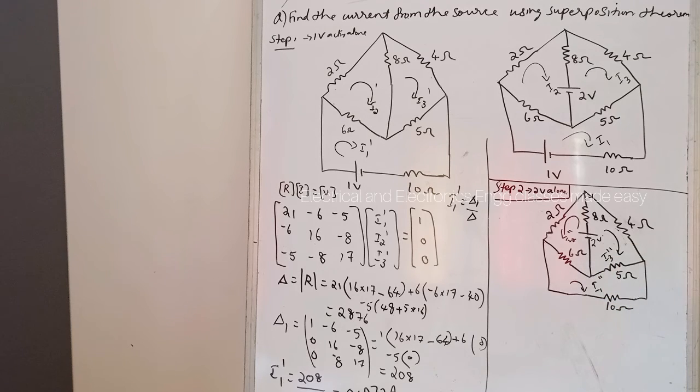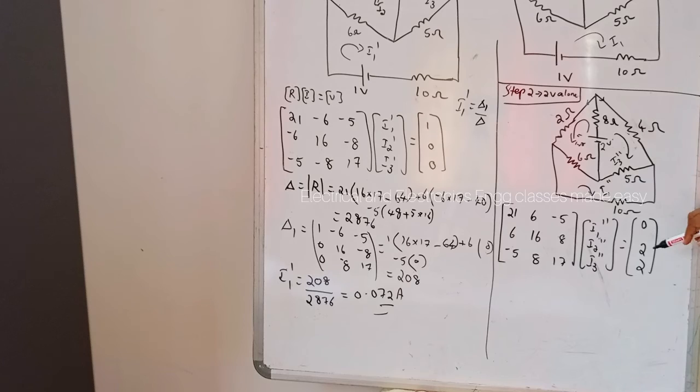Now by mesh analysis, by the inspection method, we can write the matrix. In matrix form, we will get 21 as the first loop's self resistance, that is 6 plus 5 plus 10, 21.